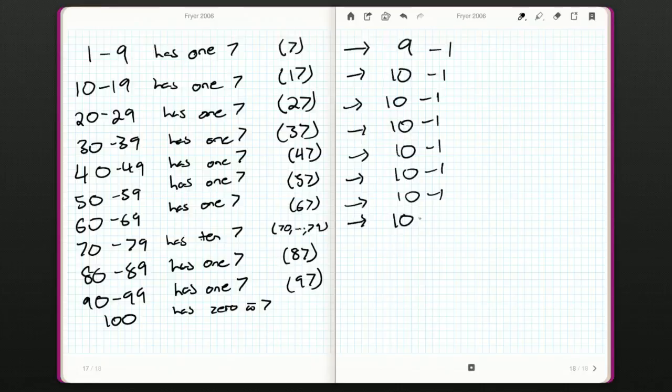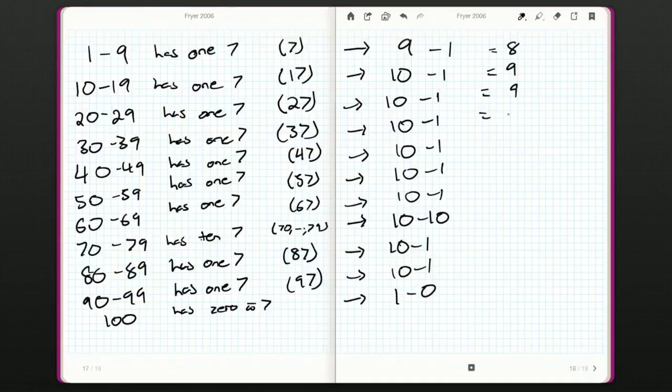This one, there's 10 numbers, but all 10 of them contain at least 1 seven. 10 minus 1, 10 minus 1, and lastly, 1 number minus 0. So that's 8 plus 9, plus 9, plus 9.